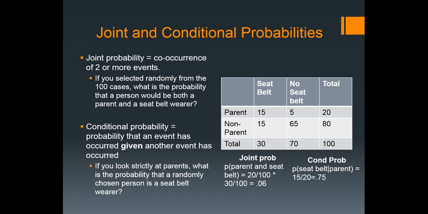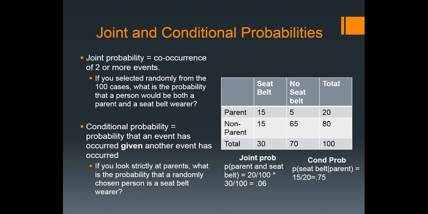All right. One more type of probability I want to talk about. We've already talked about joint probability when we talked about the multiplicative rule. And joint probability, again, is the co-occurrence of two or more events. So, for instance, looking at this table, although these things are not independent, so this calculation did not really make a lot of sense to do here, but let's pretend wearing a seatbelt and being a parent were independent. If they were independent and we wanted to say what's the probability that we select randomly from these 100 cases a person who is a parent and a seatbelt wearer?